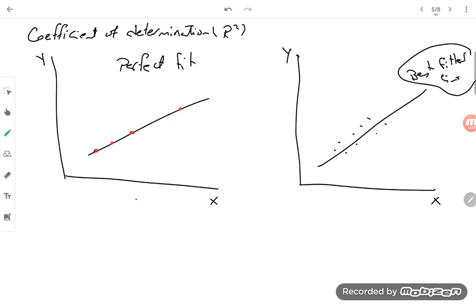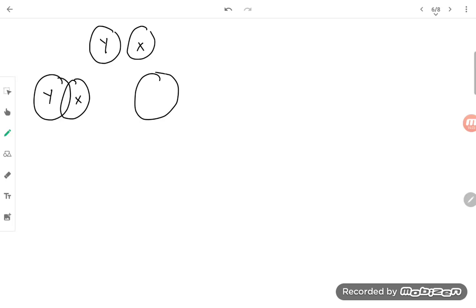So we can explain the idea of coefficient of determination using a Venn diagram. Let's assume that this is y, which is the dependent variable, and this is x, which is the independent variable. And these are different models.